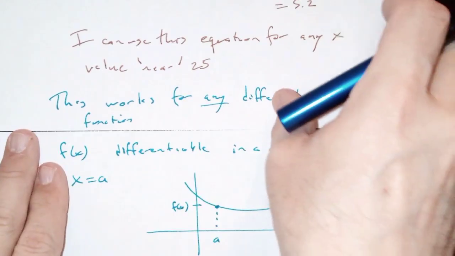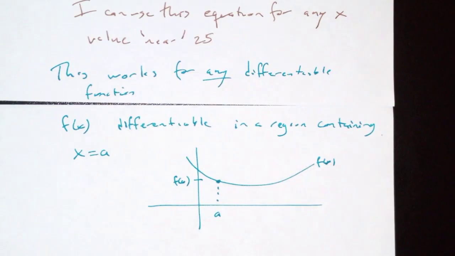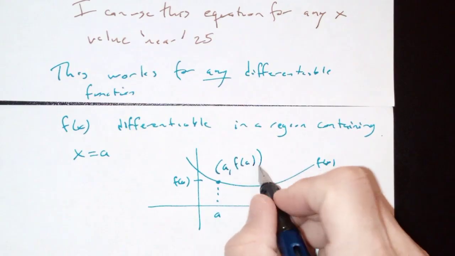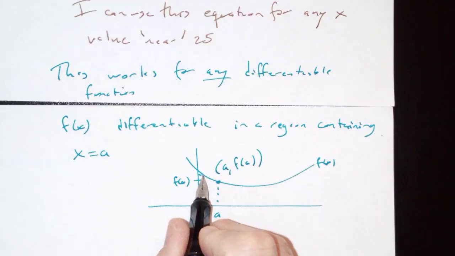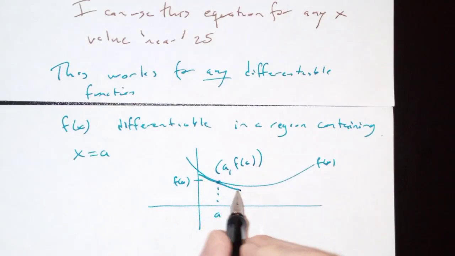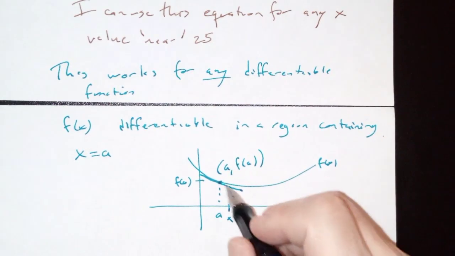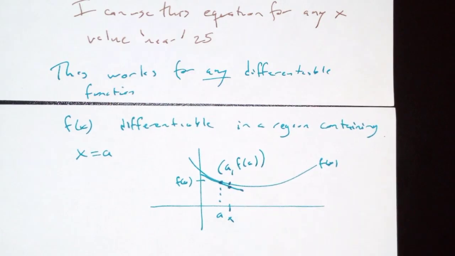If I want an approximate value for f of x, where x is near a, I'm going to find my tangent line. So I have this point, a, f of a, and I've got some other value x, and instead of getting this dot, I'm going to get that dot.